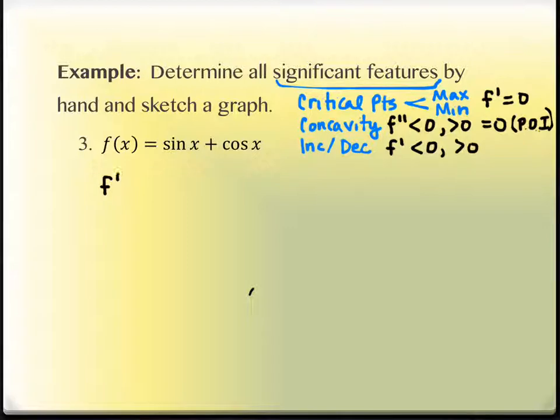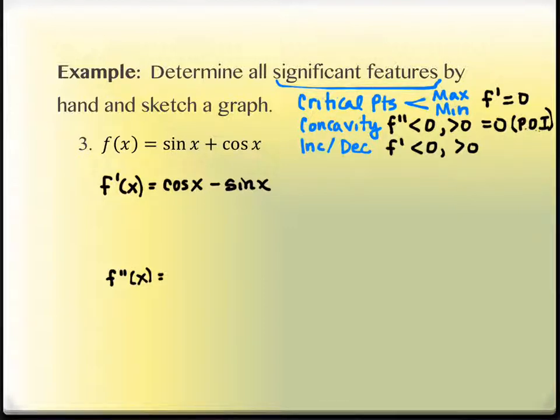So what is the derivative of sine x plus cosine x? Good. Cosine x and then negative sine x. We're going to need to set this equal to 0 later, so I'm going to skip a little bit of space. But I want us to find the second derivative while we're at it. And we'll go back up to the first derivative and make some determinations in a minute.